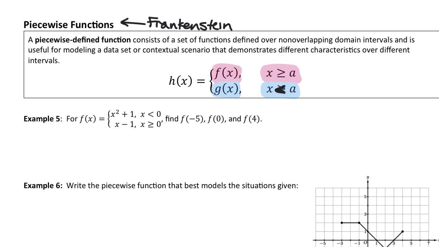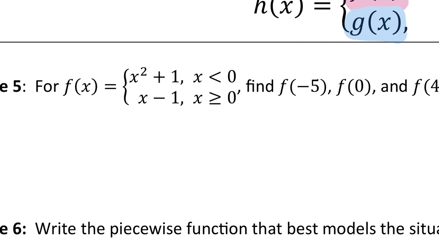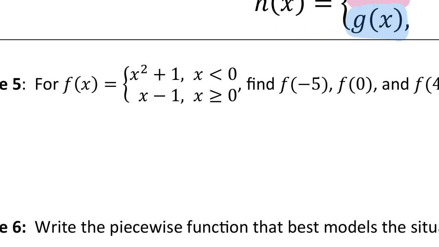First things first, let's just make sure we understand how to read a piecewise function in the way that it's written. So for example 5 here, we have two functions. We first have the quadratic x squared plus 1 that is going to be in charge of the function when you're plugging in numbers that are less than 0. We have another linear function, x minus 1, that's going to be in charge whenever x is greater than or equal to 0.